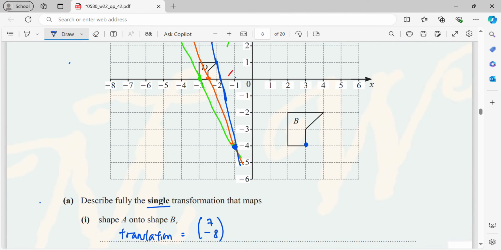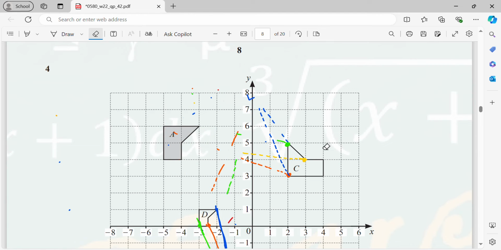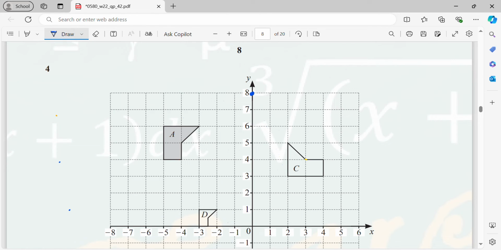Now (0, 8) is here, and (-8, 0). Now you draw using a ruler.